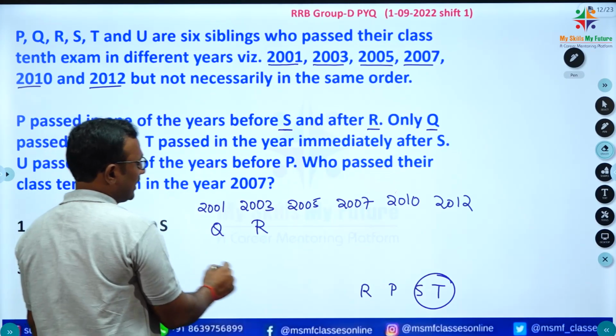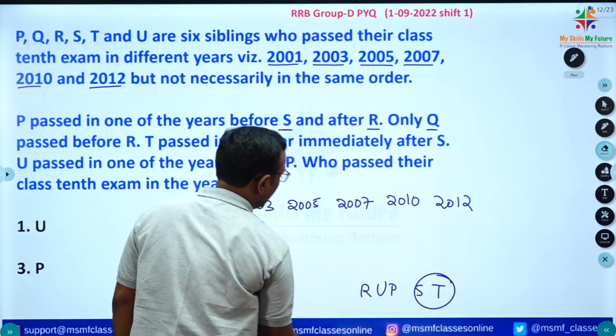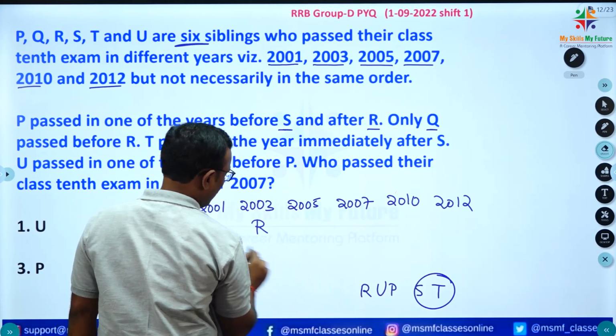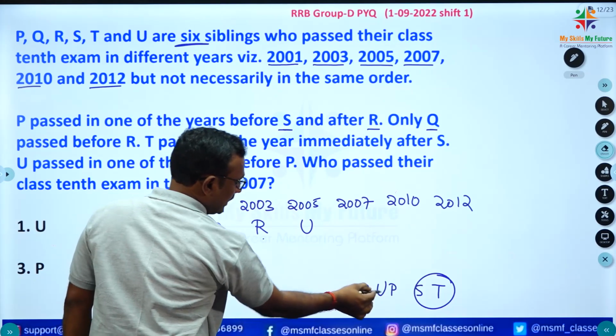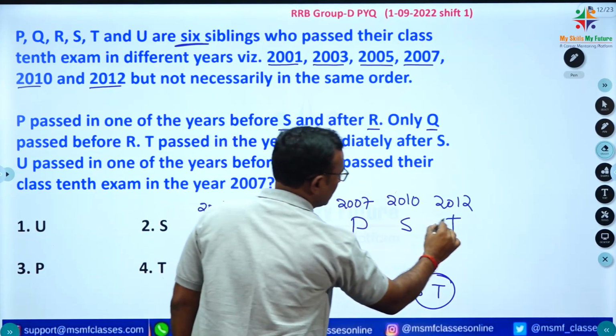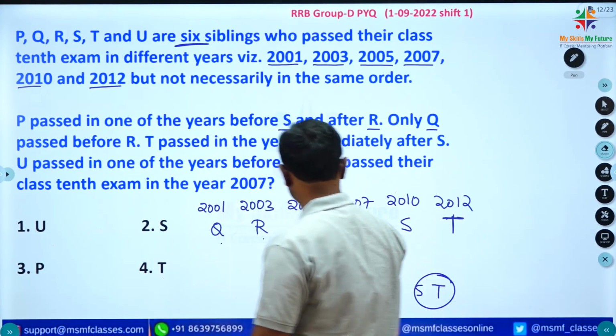For U, we can write U is here. We have only 6 siblings, so we get 1, 2, 3, 4, 5, 6. This is T.